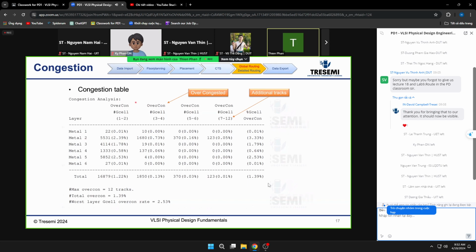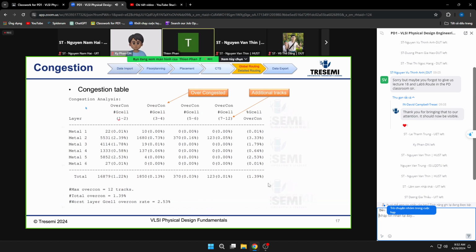So here, what they call overcon is over congested. They're going to count how many global cells are over.